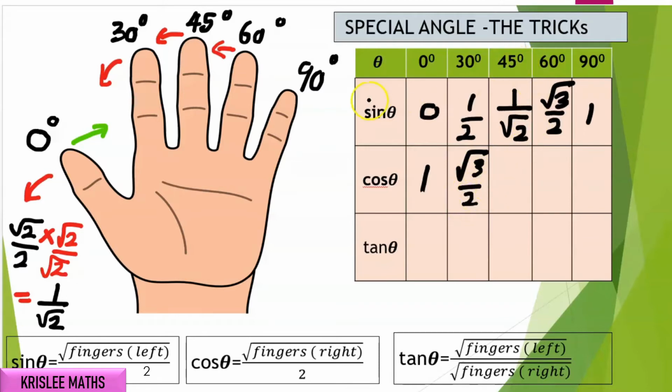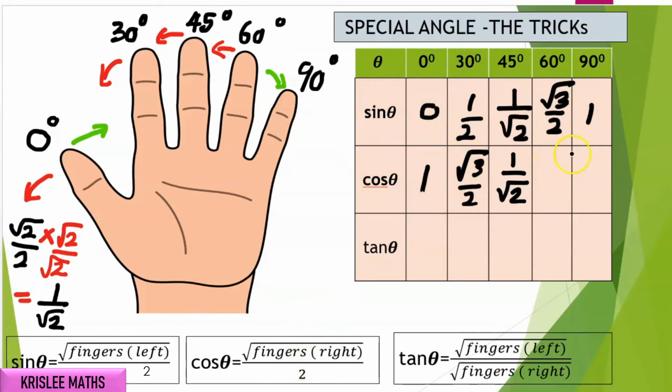And remember, sine 45 and cos 45, they are complementary angles. Therefore they have the same value. Next, cos 60. Cos 60, on the right you have 1 finger. So square root of 1 over 2.